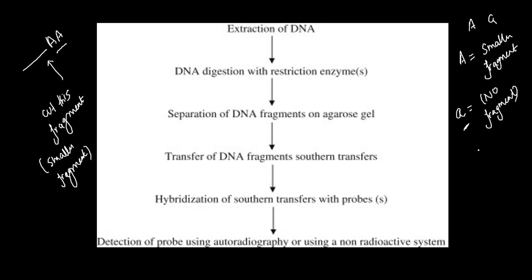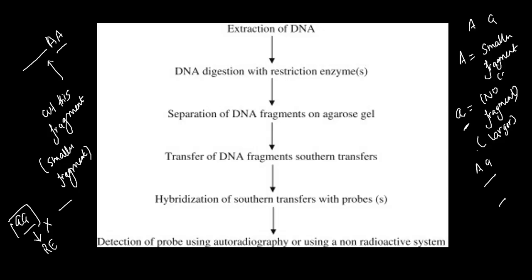So you will get a larger fragment, which is this one, and the smaller fragment, which is this one. So in the case of A, A, you will get two fragments, one larger, one smaller. In the case of small a, this is not going to be recognized by the restriction enzyme, so you will get the larger fragment.